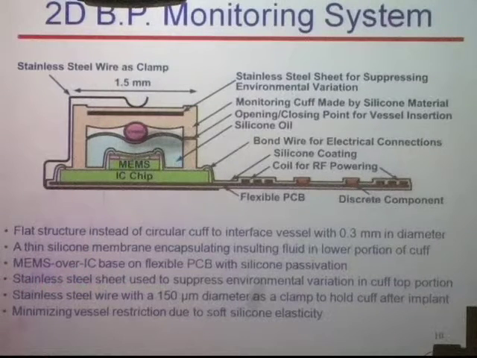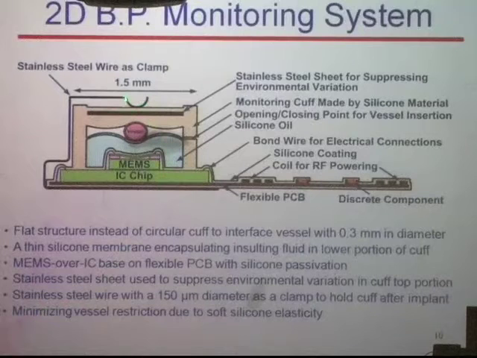It's a very thin sheet, about 75 micron or so, encapsulated in the top layer, that is used to prevent any external environment variation from coupling external disturbance signal to the vessel, such as the muscle moves. If this is a soft material, it will couple the external variation or pressure information to the vessel, so you're getting some additional information you can't really calibrate out.